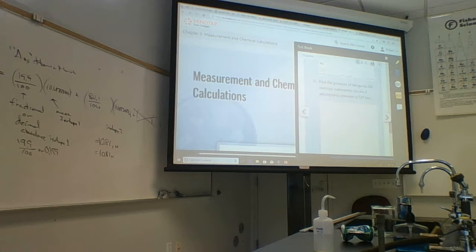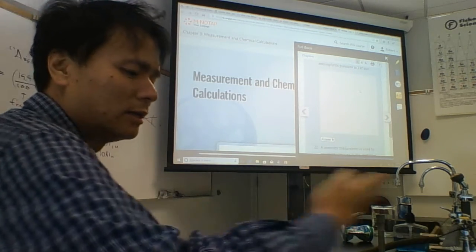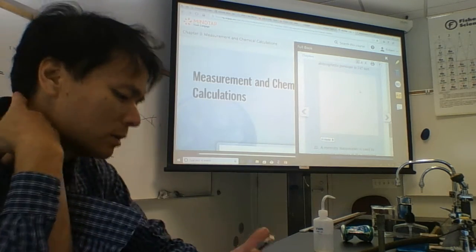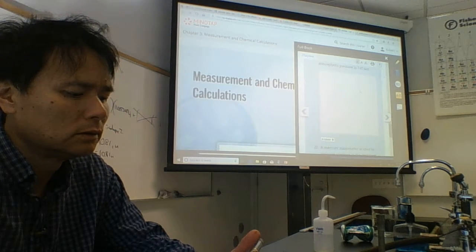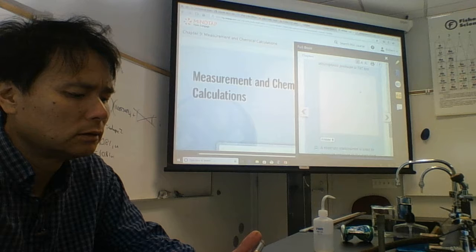Find the pressure of the gas in the mercury manometer shown if the atmospheric pressure is 747.4. The figure didn't load. It's right here. What did you get? Can you draw? You need to draw like the seesaw type balance. Well, what I did was, I just couldn't do it.